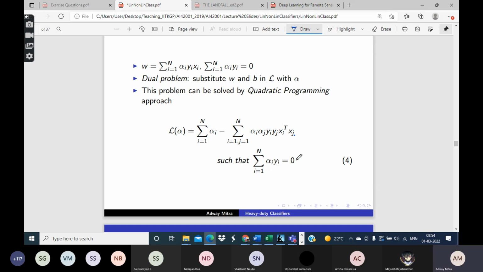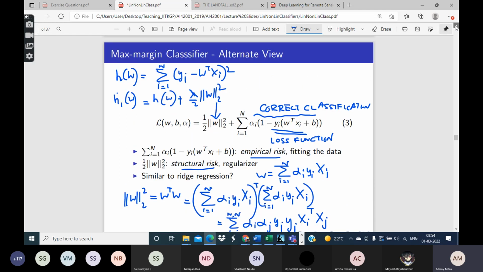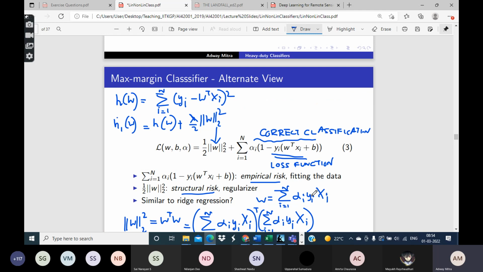Of course, since we are writing the w's by bringing the b, the bias term, inside w, it will look somewhat different. But anyway, this is one term, and here there is another w, in the w transpose xi terms. Here also, similarly, I will replace the w with this particular term. Again, you will see something else happening.